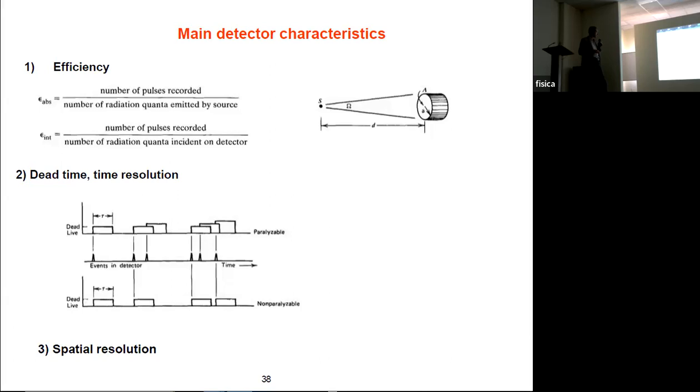Spatial resolution is not such an important parameter when we talk about conventional detectors, for example for gamma ray spectroscopy and other applications, because spatial resolution rarely matters there. It matters in experiments with, for example, high energy physics or cosmic ray physics, where you have to reconstruct the point of interaction of the particle.